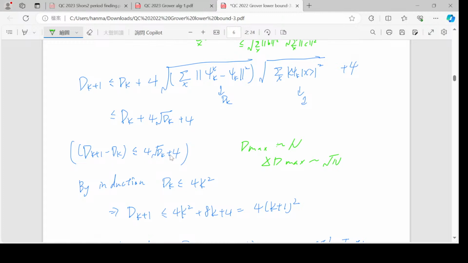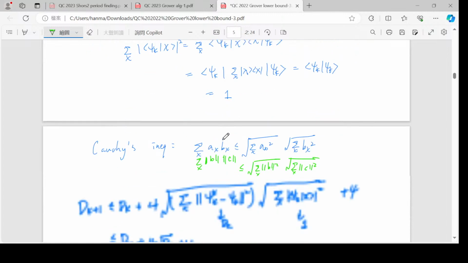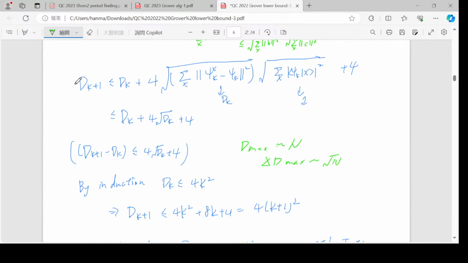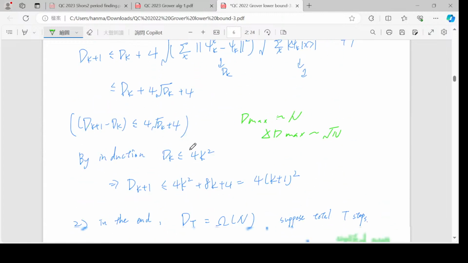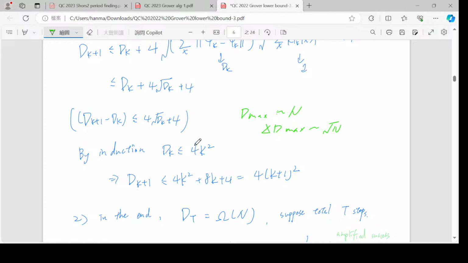But anyway, this is just some checking. Here we do the induction step. We have d_{k+1} less than or equal to dk plus 4 square root dk plus 4. And then we see why we pick a 4 here, because we have 4k squared.